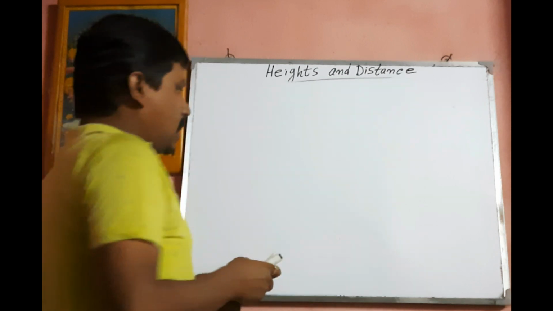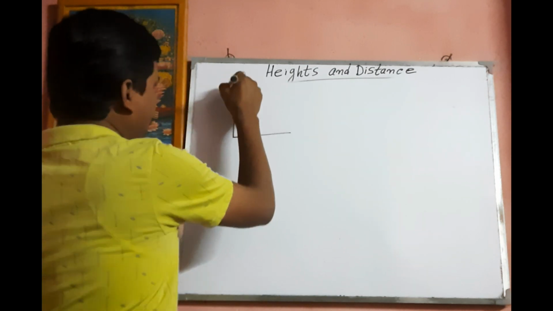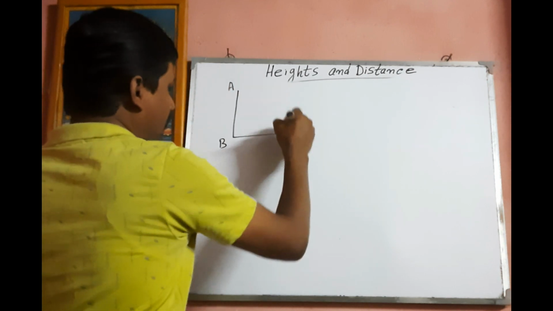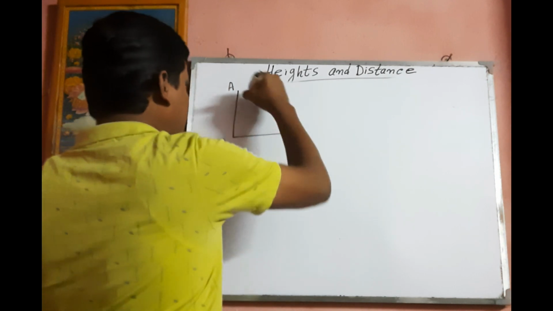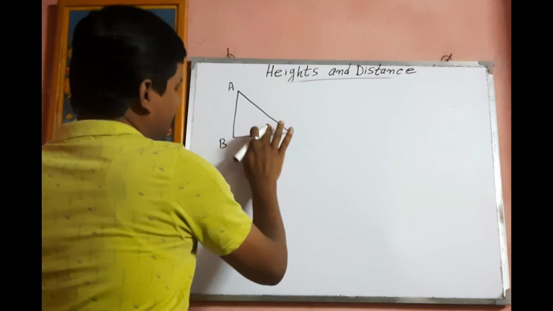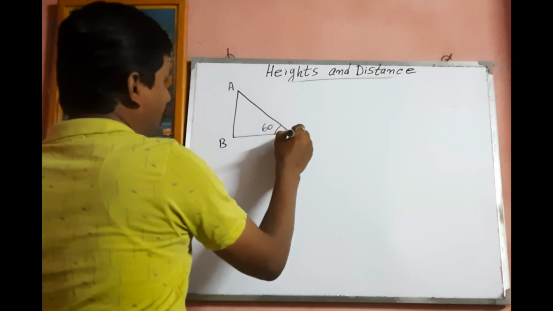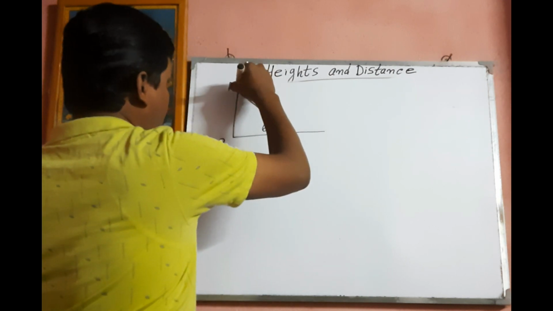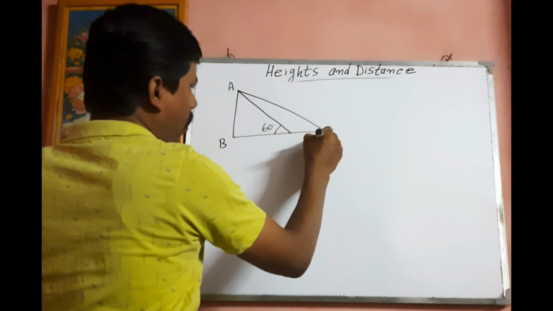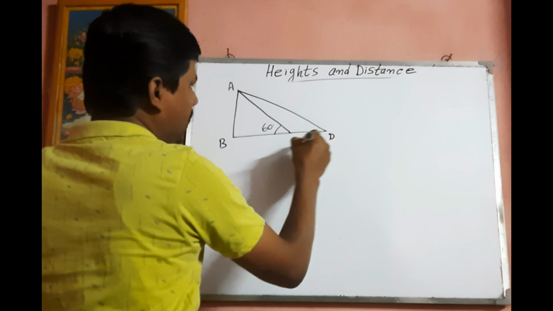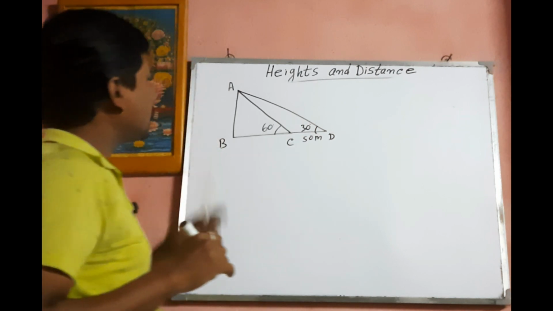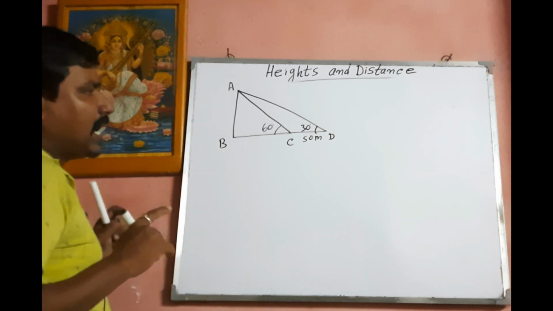Now we move to the third example. Suppose AB is a river, and from the point C the angle is 60 degree, and from that point 50 meter away is another point D, and then the angle of elevation for the point A is 30 degree.